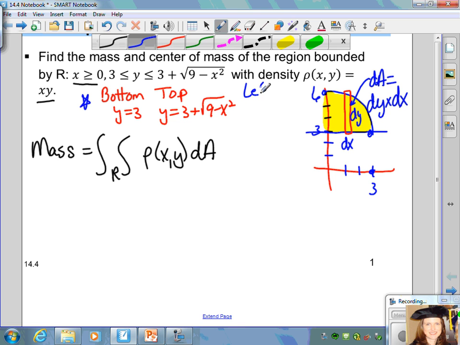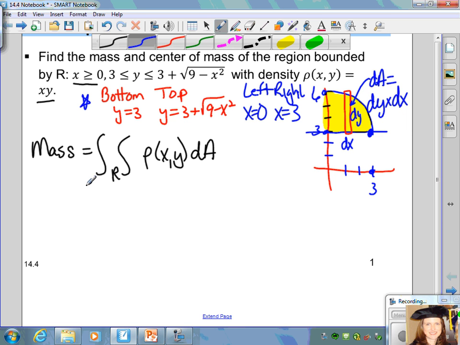The left x: if you slide that rectangle all the way to the left, that x value is 0. And the right x: slide that rectangle all the way to the right, and x is equal to positive 3. So we're going to use these as our bounds and substitute in our density function and the differential area as dy dx.